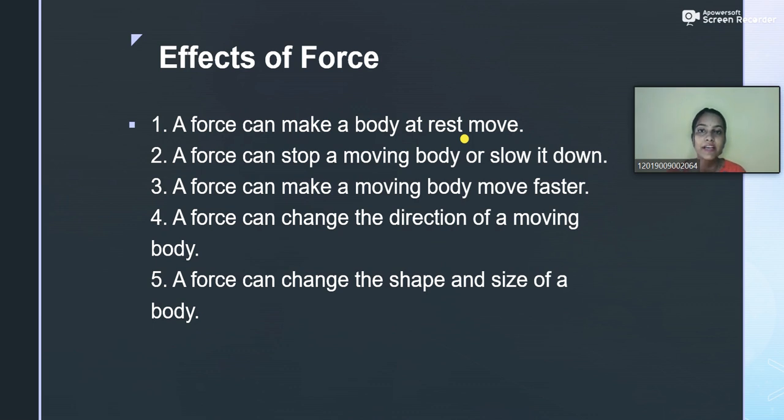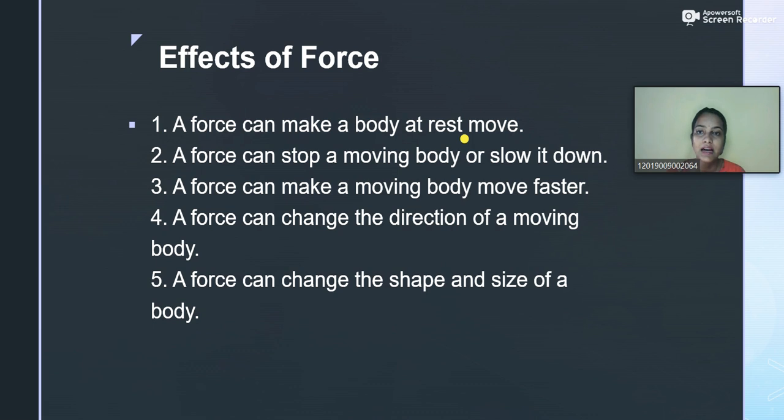So if a body is moving to the right and we want to change its direction, we will apply a force on the left side, and as a result the body will start moving to the left side. Previously it was moving on the right side and we wanted to move it to the left side, so we applied the force. So now it is moving on the left side.